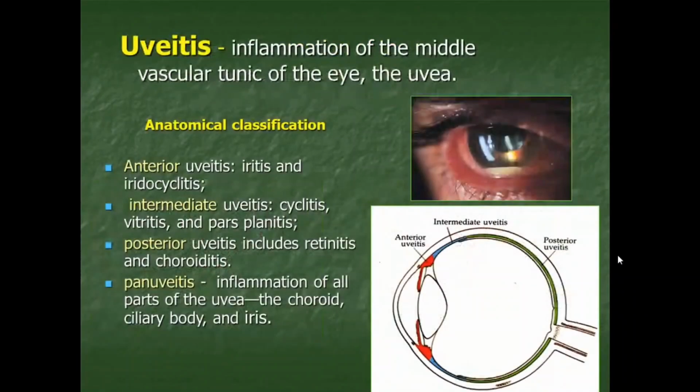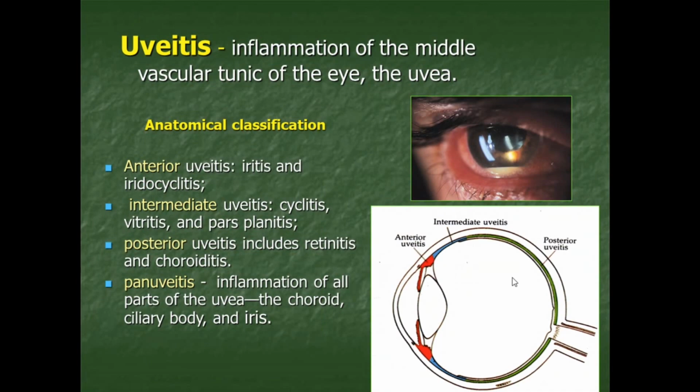Okay, we have already finished with diseases of the external fibrous layer, cornea and sclera. Now we should discuss the inflammation of the second layer of the eye, the vascular layer.